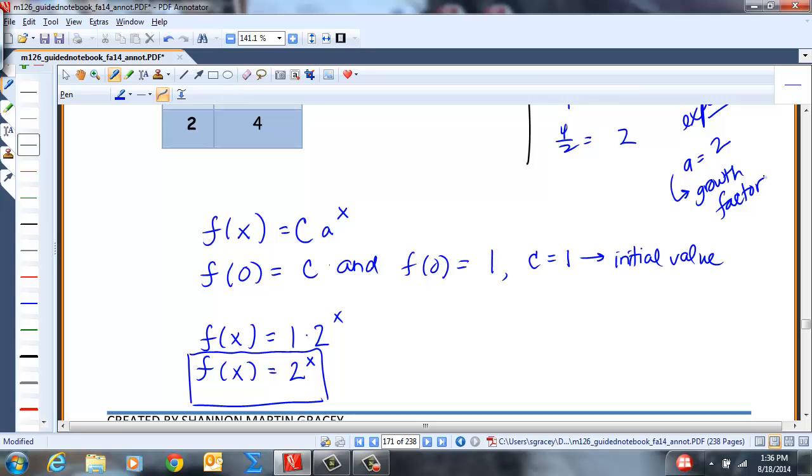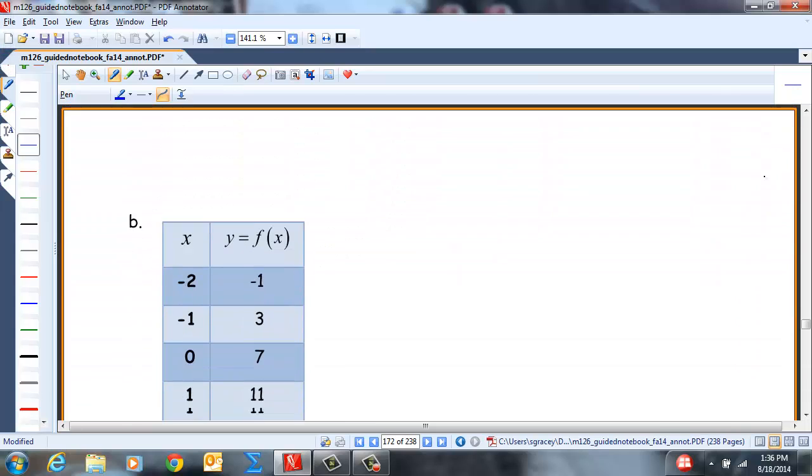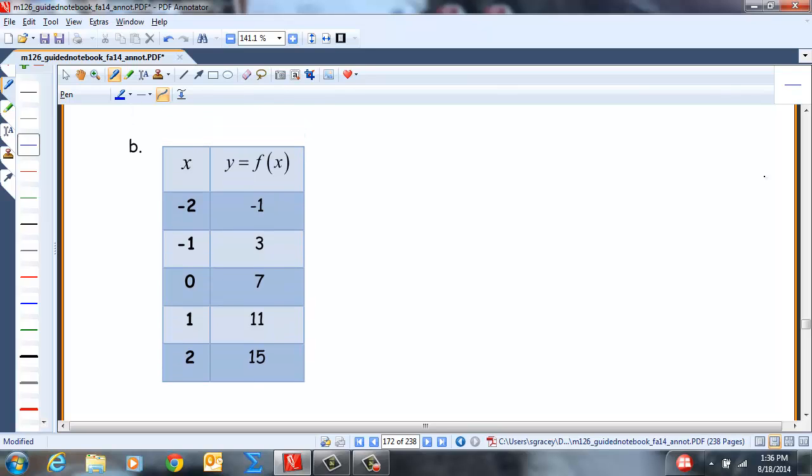All right. So a couple more examples here. Let's see what we have for part B. Let's see if it's linear first. So testing if it's linear, we'd be looking at these guys, right?